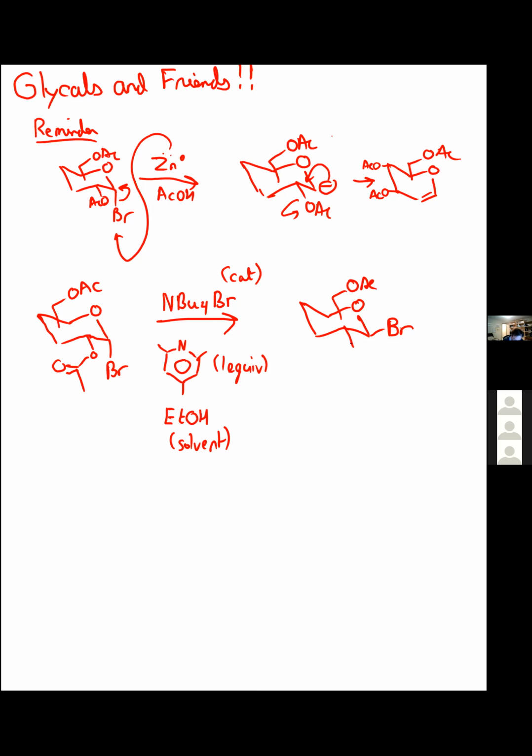Okay. Now I've drawn this acetate here not just for fun. There must be a reason. What happens now?